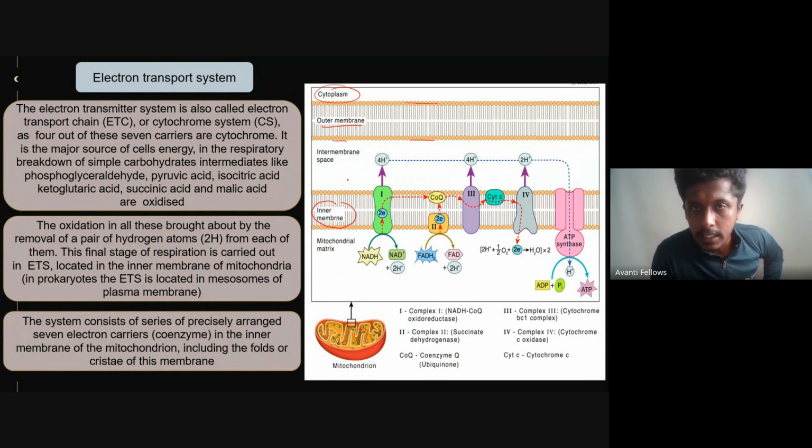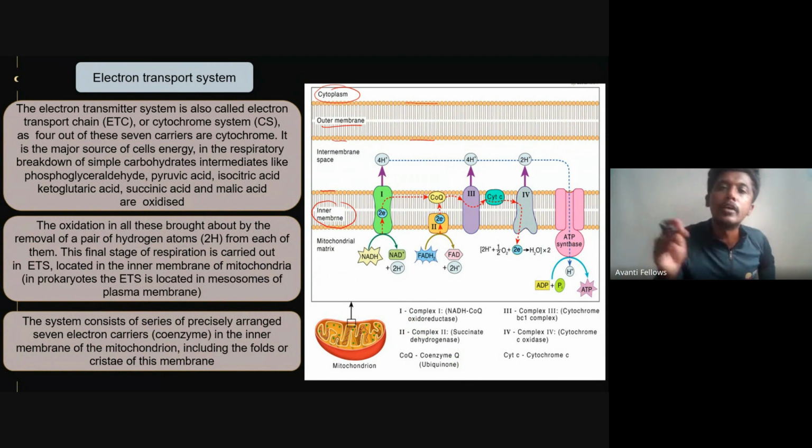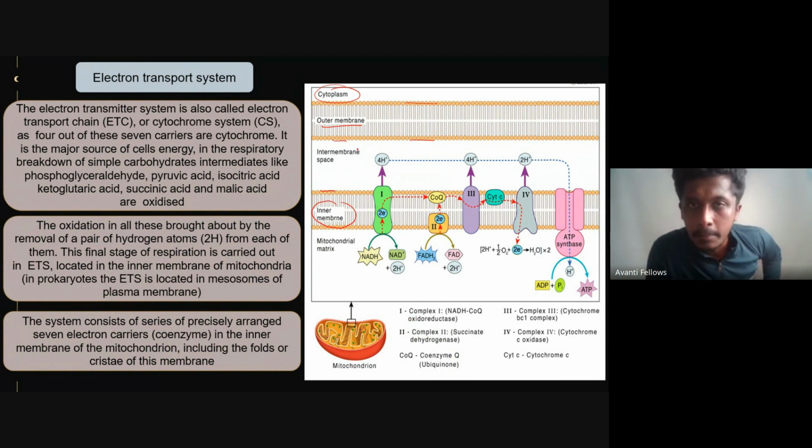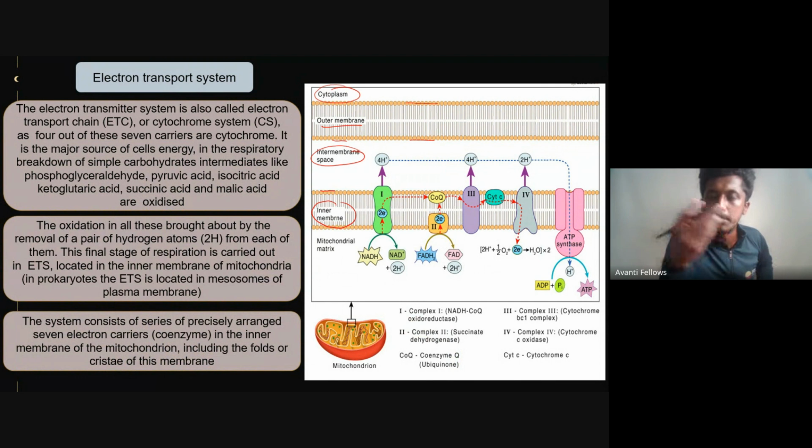Between the outer and the inner membrane, there is a space which we call the perimitochondrial space, or intermembrane space. The difference between these two membranes: we have an organelle, our mitochondria, which has two layers. One is the outer layer which is continuous and permeable.